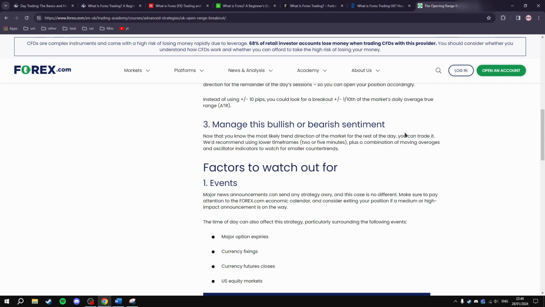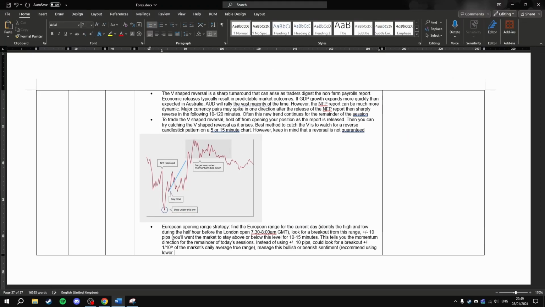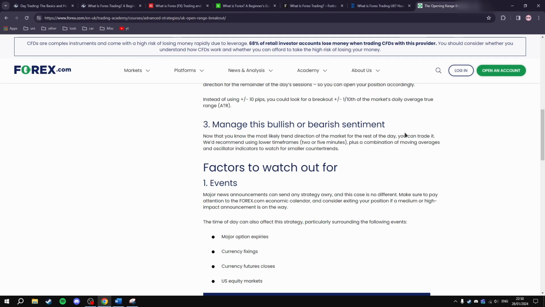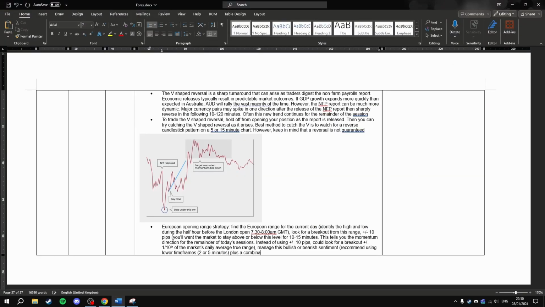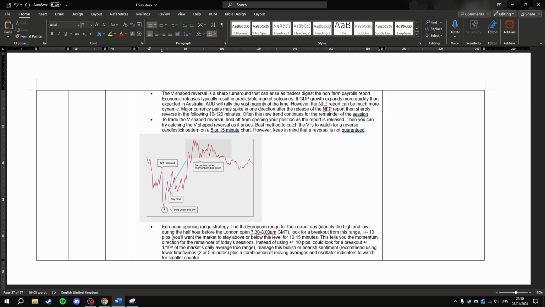We recommend using lower time frames, 2 to 5 minutes, plus a combination of moving averages and oscillator indicators to watch for smaller counter trends.